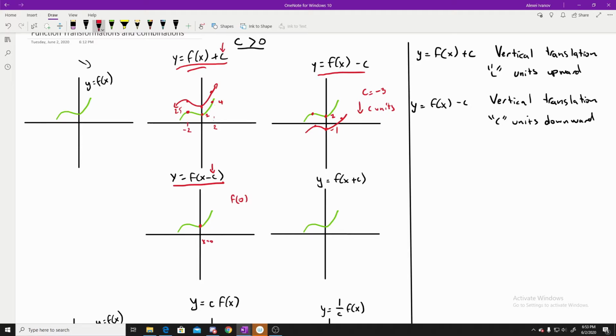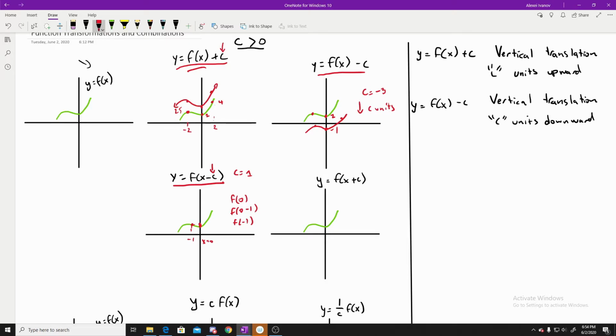But with this new constant factor, let's assume for this case that c is equal to 1, we will now be getting f of 0 minus 1, which is f of -1. So the value previously at x equals -1 will now be put where 0 is. So this value right here will be put where 0 is.